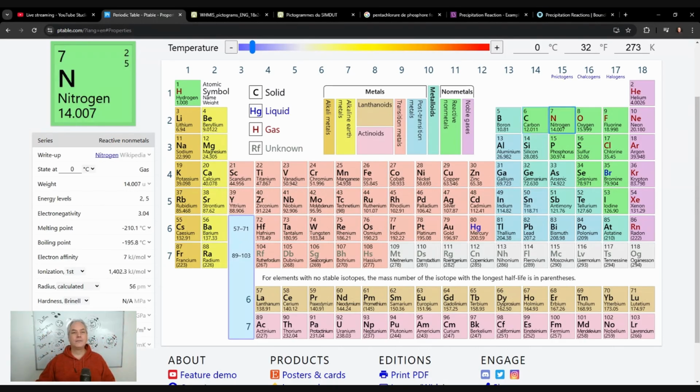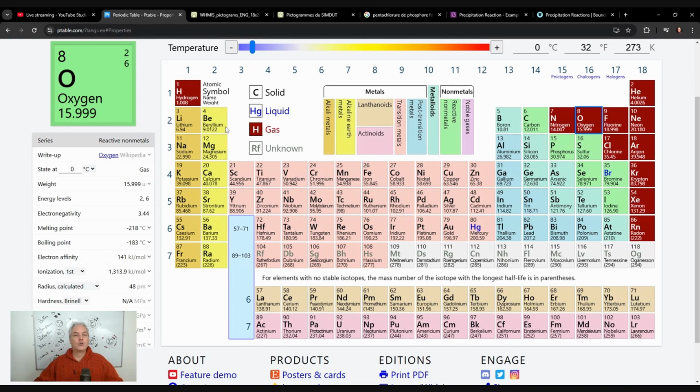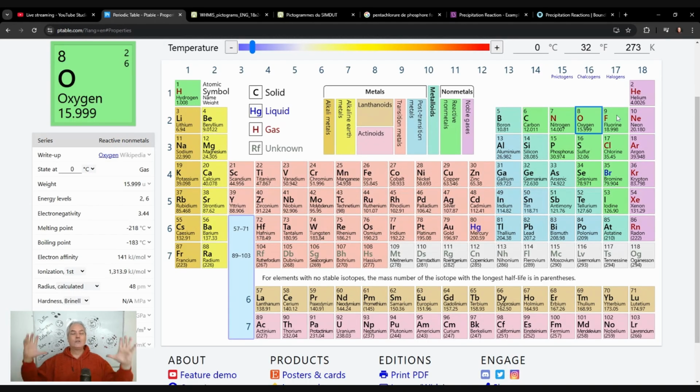So when you go to nitrogen and oxygen, we have a nucleus that is always increasing in positive charges, and therefore the negative charges on the valence shell, which is the level or the shell where the outermost electrons are, are getting tighter and tighter around the nucleus because there are more positive charges in the nucleus attracting the electrons of the valence shell. So as we go from left to right, the radiuses are getting smaller and smaller.